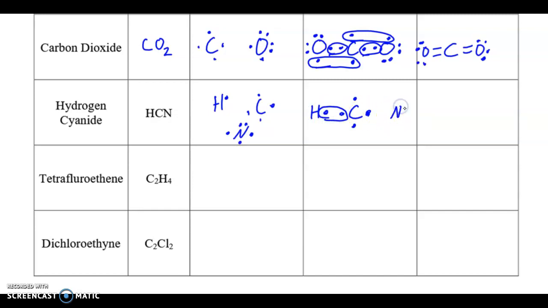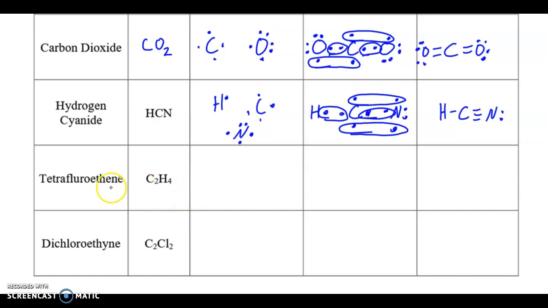Then nitrogen can do 3 bonds. And you satisfy the octet rule for all of the atoms involved. That's what it'll take. So H, C, triple bond to N, and then nitrogen still has a lone pair out there.